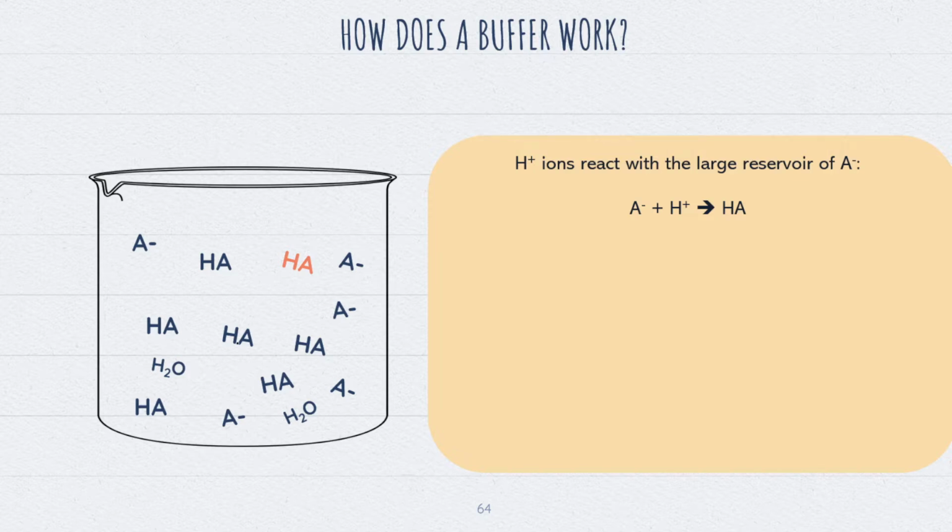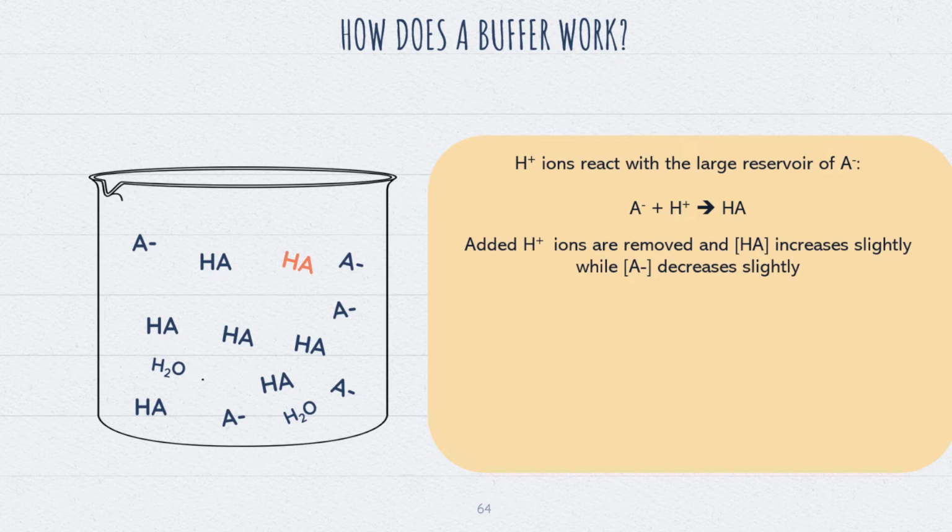And let's look at the new change. Just now initially we had 6 and 6 of HA and A-, right? And after this H+ ion got removed in the buffer solution, now the new concentration will be 7 and 5.